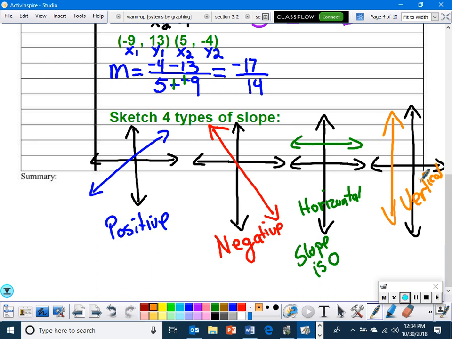Vertical line means no slope, also known as undefined. Okay, 4 types of slope: positive, negative, 0 slope when it's horizontal, no slope or undefined slope when it's vertical. All right, let's continue.